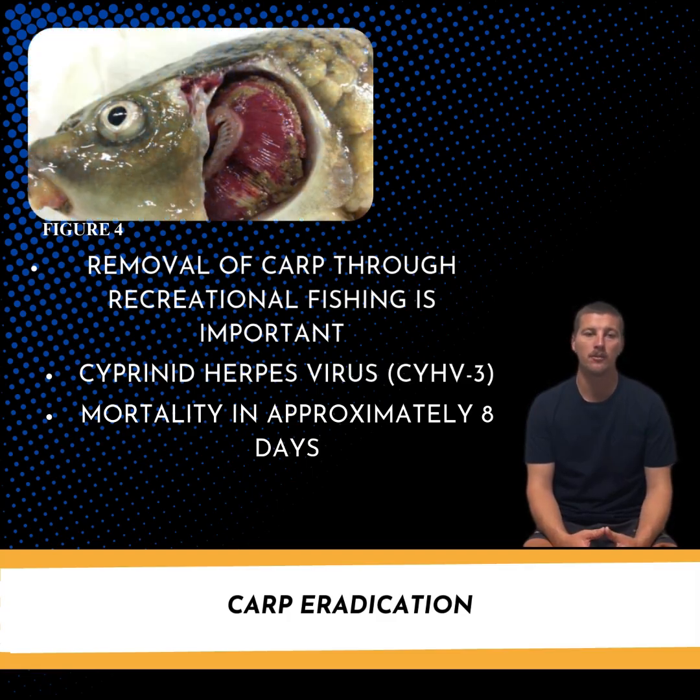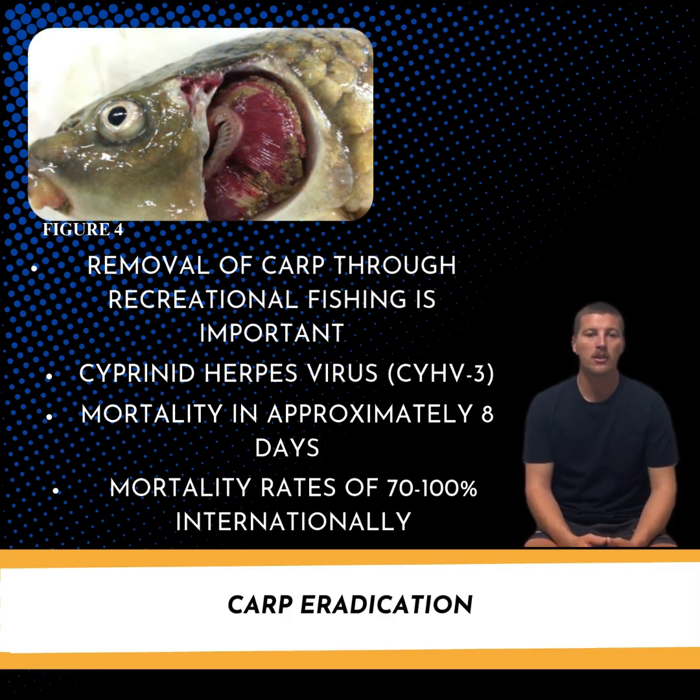See Figure 4. This virus has been extremely successful internationally, with mortality rates of 70 to 100%, and is currently being researched for use in Australia. As a community, we must express the importance of carp eradication in order to save the Murray-Darling Basin.